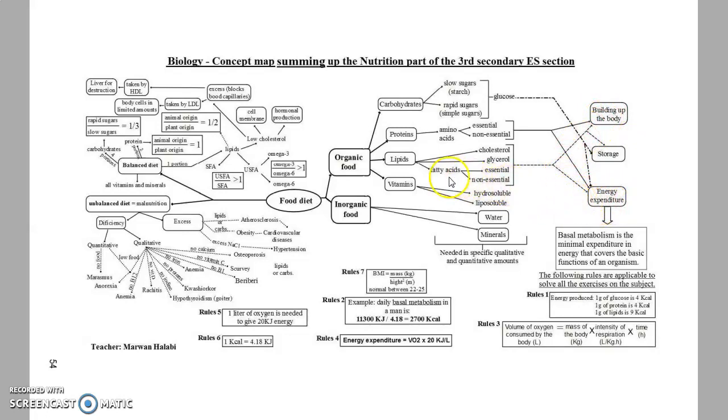However, these fatty acids can be either saturated or unsaturated, and saturated fatty acids are usually more healthy than the unsaturated ones.